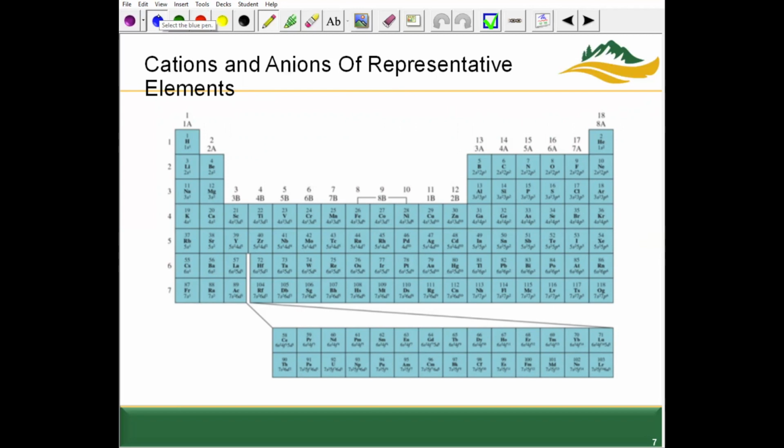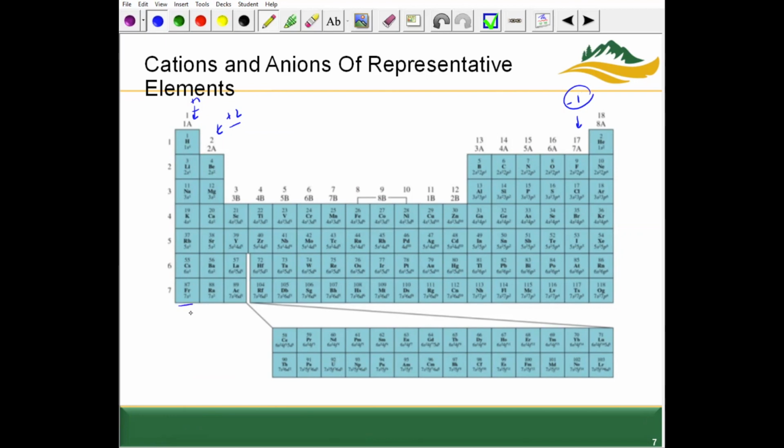So pretty early on, we connected that these all form +1 ions, these all form +2 ions. Then we focused on the halogens as well, as always forming -1 ions. It turns out now with our knowledge of electron configurations, we can see why these prefer to form +1 ions and these prefer to form +2 ions and -1 ions here for the halogens.